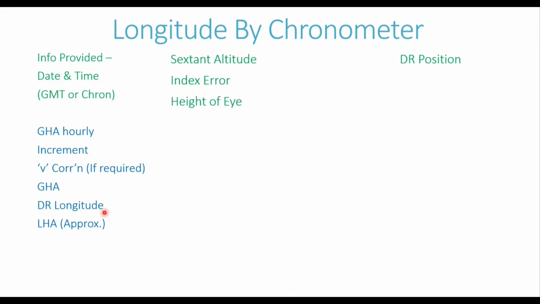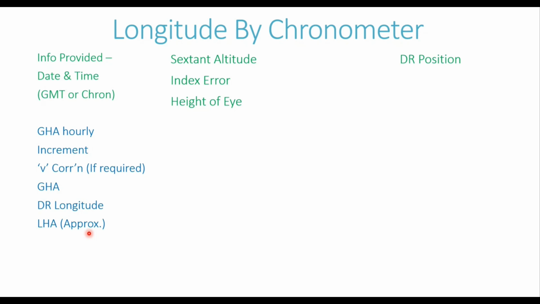So when we apply this DR longitude to the GHA, we get the LHA of the body. Now with this LHA, we write the word approximate. So you can put a bracket and write along with that LHA as approx or approximate.